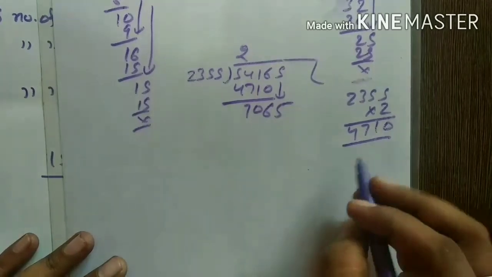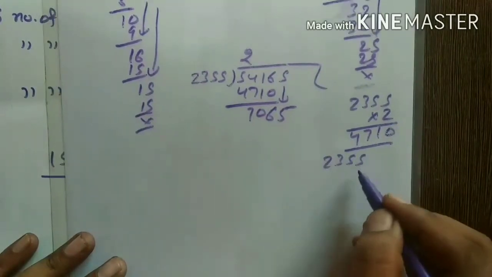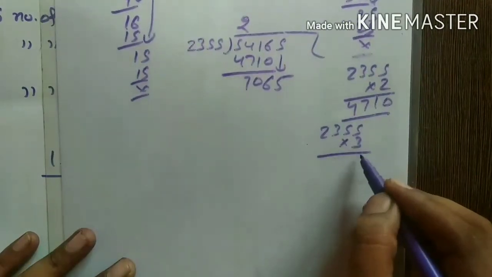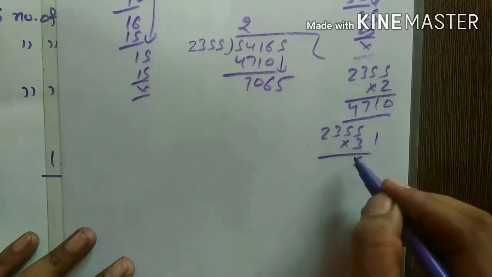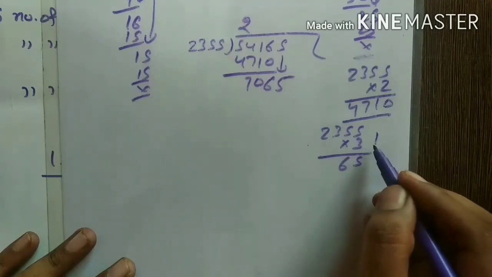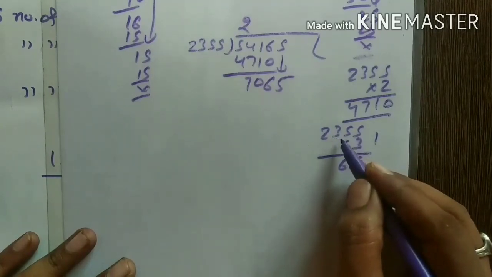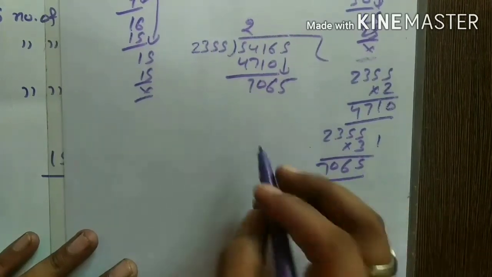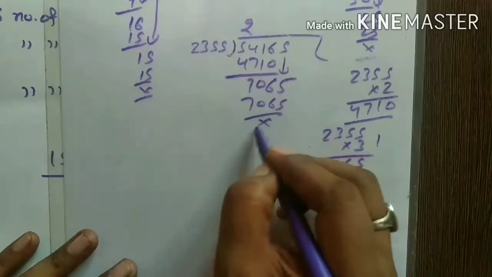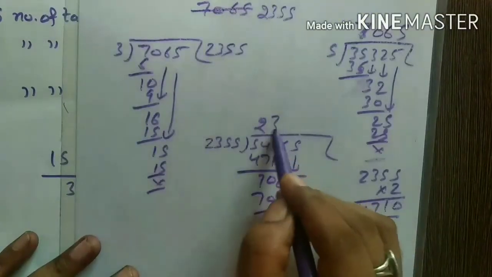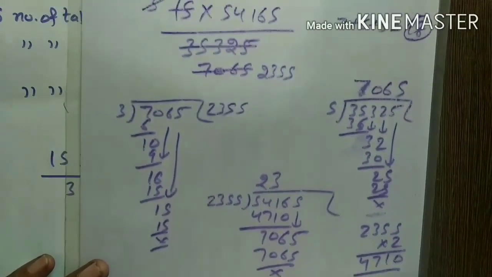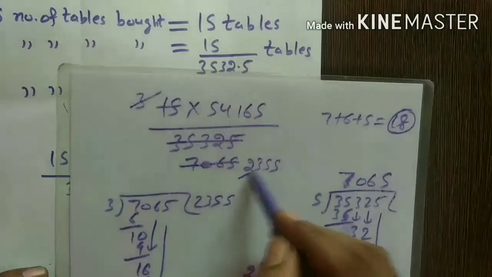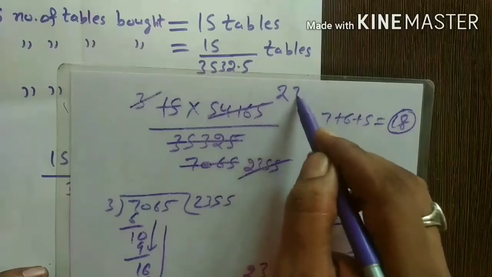Now 2355. Again I will go for the next counting up to 3. 3 5s are 15, 3 5s are 15 plus 1, 16, carry 1. 3 3s are 9, 9 plus 1, 10, carry 1. 2 3s are 6 plus 7. You see, this exactly divides at 23. So we can write this is exactly dividing at 23.